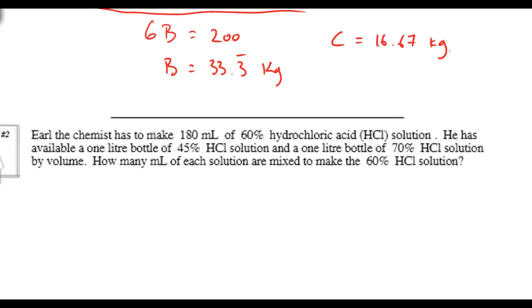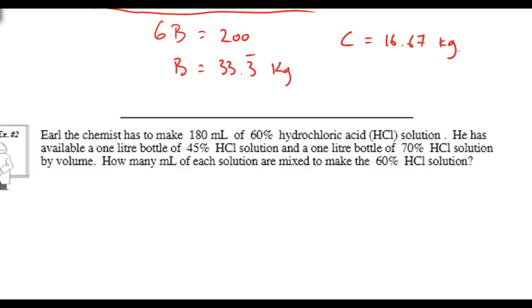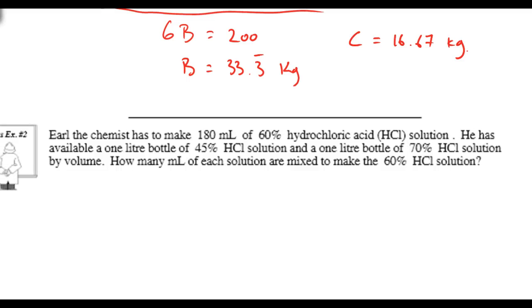Okay, let's do the chemistry one. The chemistry problems seem to be the toughest one, so let's go through this slowly, step by step here. We have Earl the chemist, who has to make 180 milliliters of 60% hydrochloric acid solution. He has available a 1 liter bottle of 45% hydrochloric acid solution and a 1 liter bottle of 70% hydrochloric acid solution.